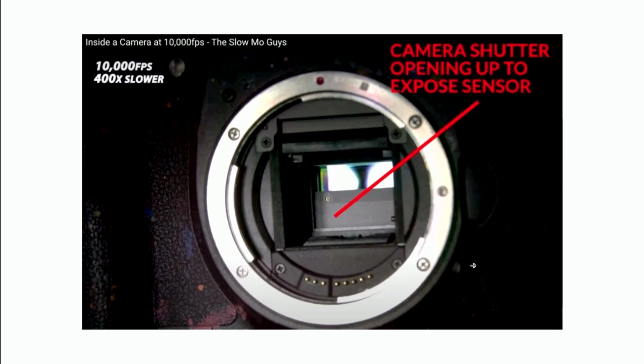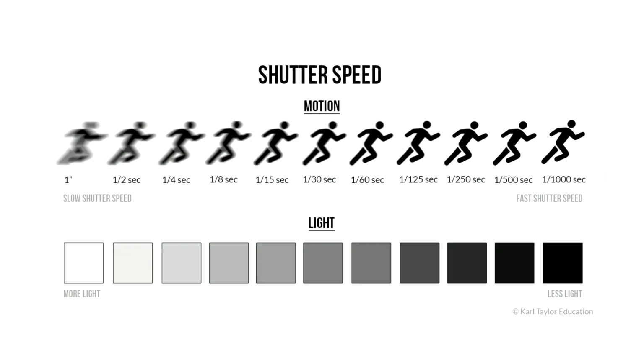Shutter speed. Shutter speed refers to the amount of time the camera shutter remains open to allow light to hit the sensor. It's measured in fractions of a second or even full seconds for long exposures. A fast shutter speed, such as 1/1000 of a second, freezes motion, making it ideal for capturing fast-moving subjects like sports or wildlife.